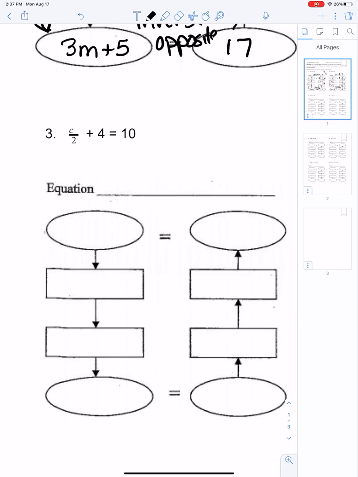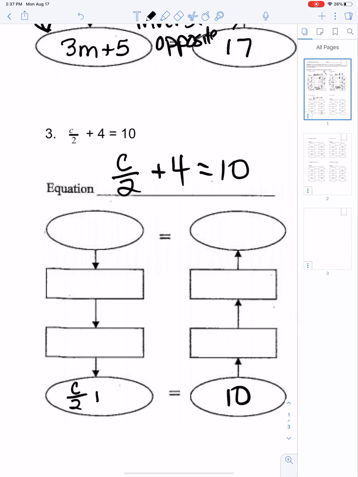Our equation is c divided by 2 plus 4 equals 10. We're going to write this equation down here. And our goal is still to isolate this c variable. First thing that happens to the c is it's divided by 2. Second thing that happens to the c is 4 is added.